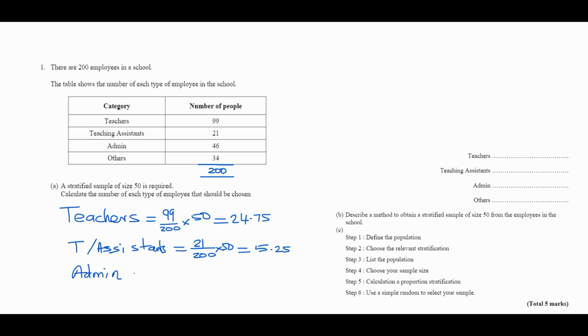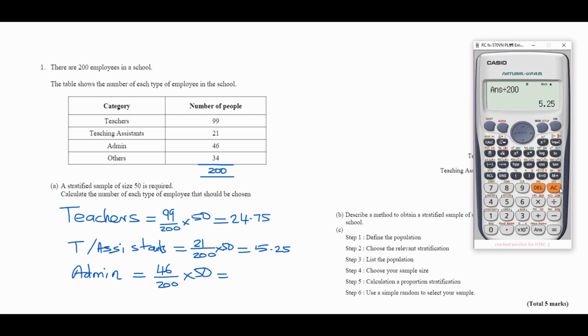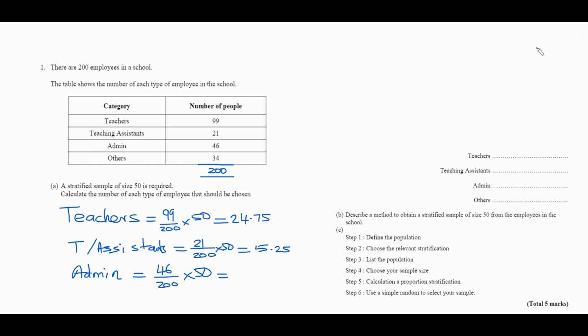Next one, admin staff. So admin staff is 46 over 200 times 50. So 46 times 50, divide by 200, so the answer is 11.5.